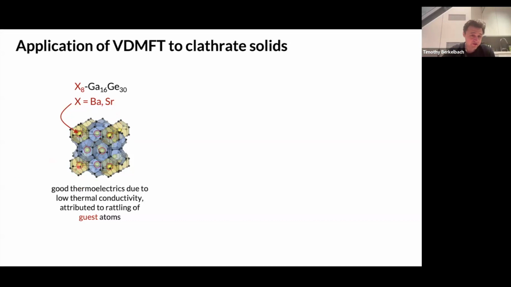So again, they're essentially very loosely bound. They don't really form covalent bonds to any of the atoms in the clathrate. And so they just rattle around inside of these cages. And it's believed that that rattling is responsible for their low thermal conductivity. So unsurprisingly, we're interested in understanding those dynamics from the perspective of dynamical mean field theory.